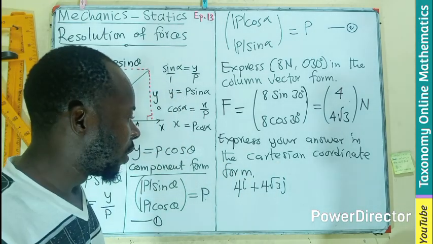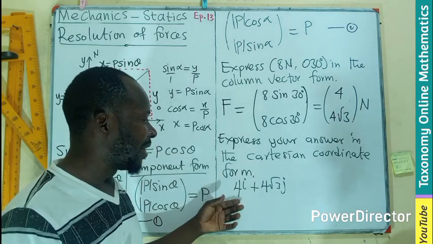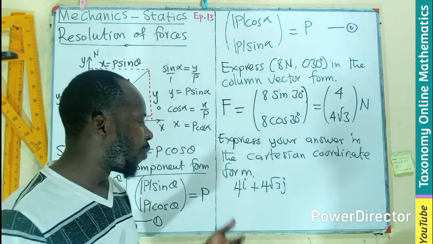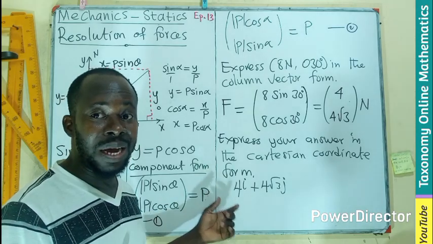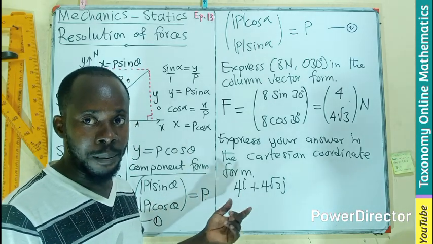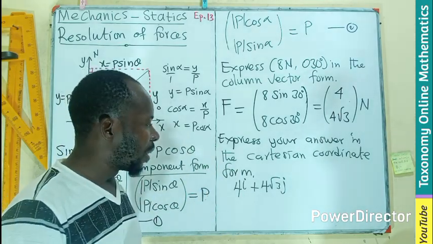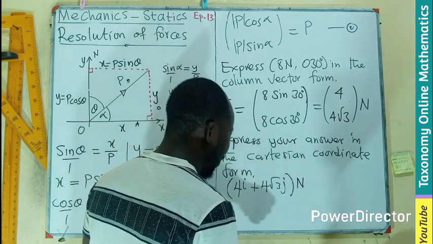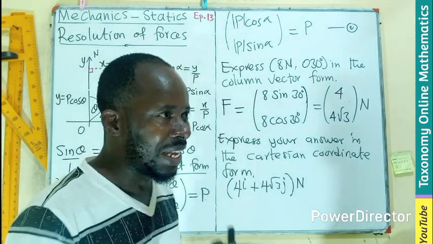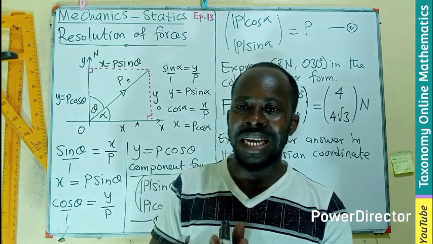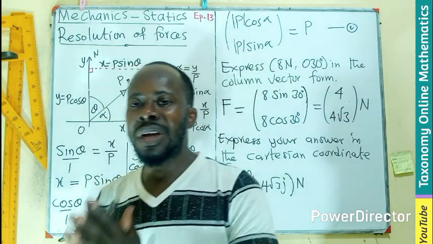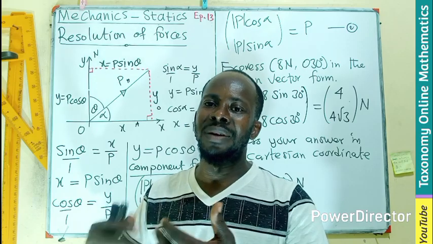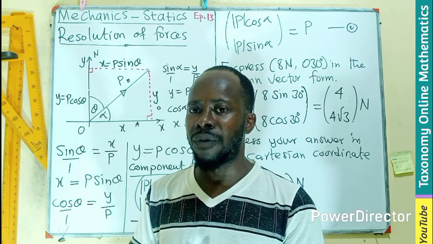That's all. So this is now in the ij system, or better still, the Cartesian coordinate form. I guess that is correct. The only thing needed is to add your unit, which is Newton.